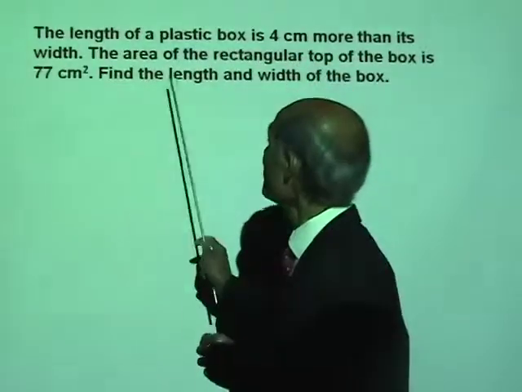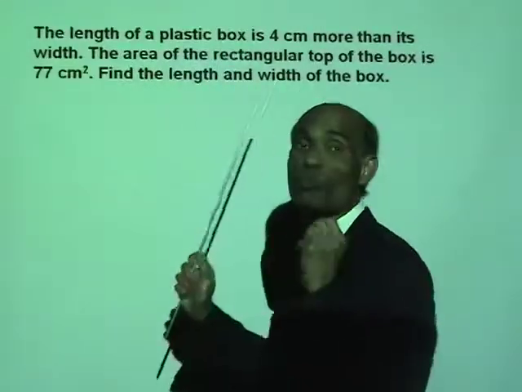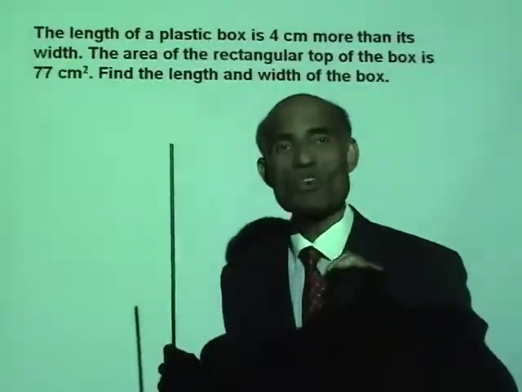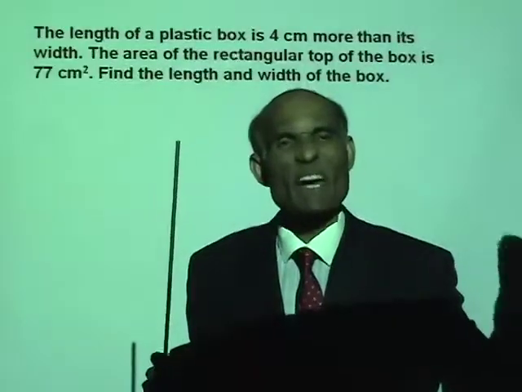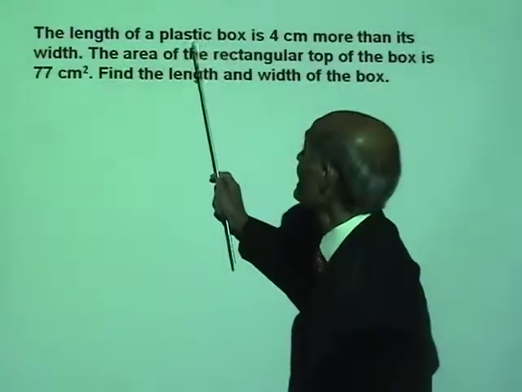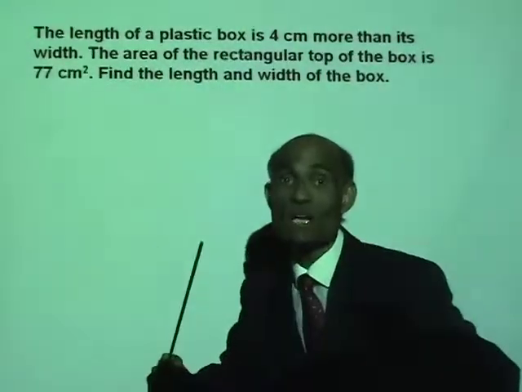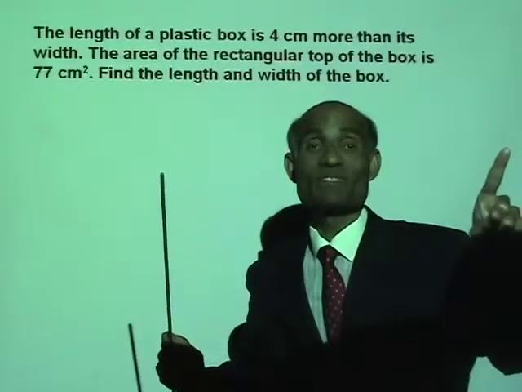But look here, we got two quantities to be found. Find the length and the width. So which of these is going to be called x? Well, the clue is here. It says the length of a box is 4 centimeters more than its width.